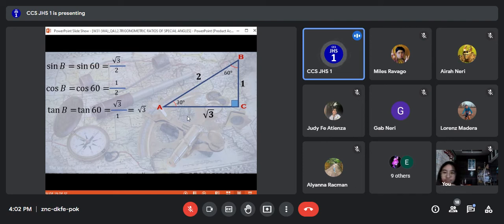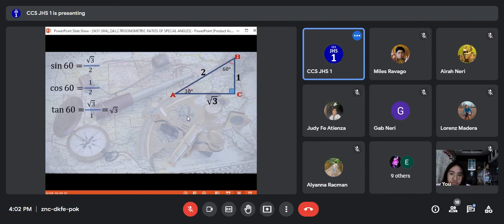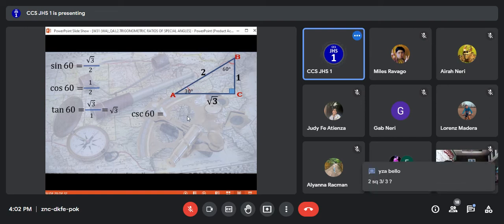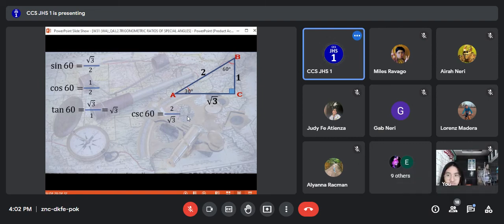Now let's go to the reciprocals. What is cosecant 60? 2 square root of 3 over 3.